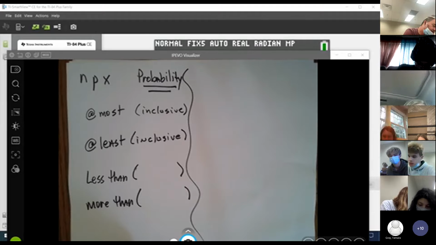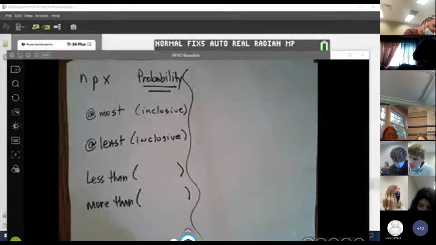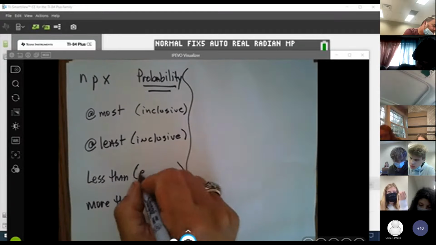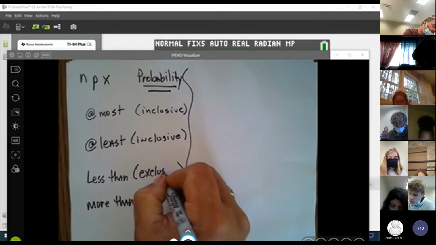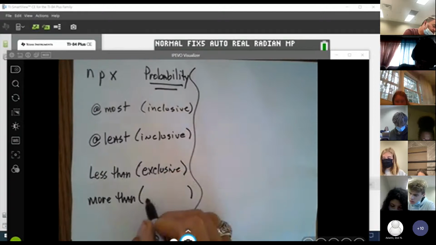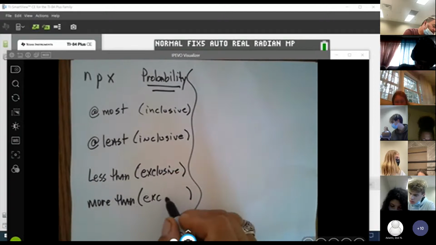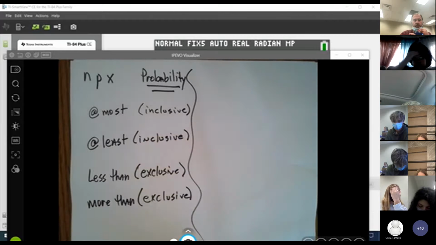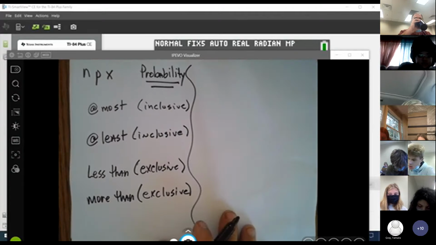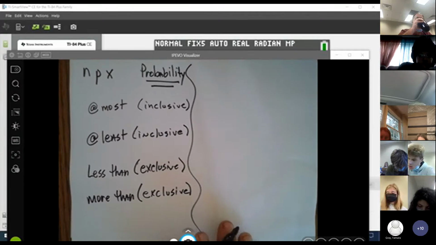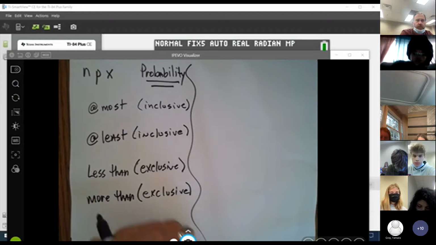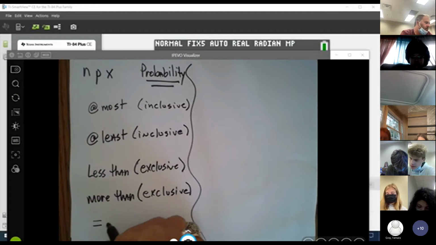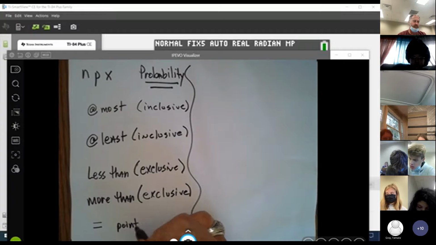Exclusive. When you're using PDX, NPX, they may say equals to, and of course that's precise. That means the point. That means on point.